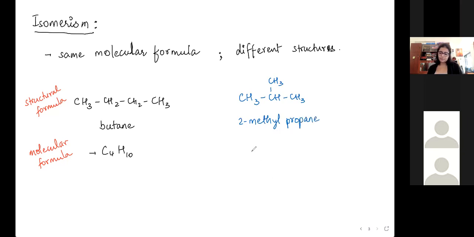Now, इसका molecular formula क्या है? Count the number of atoms. Tell me. C4H10.